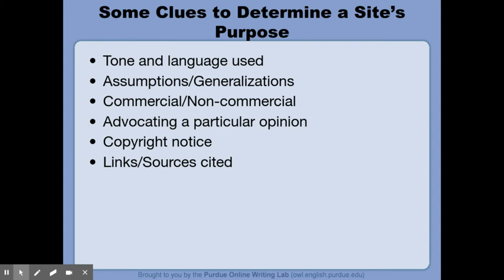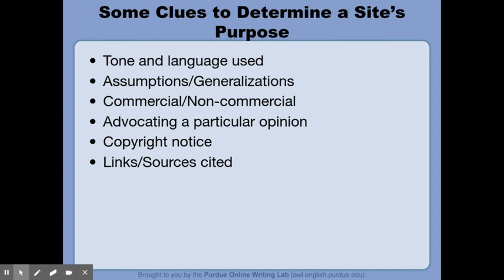So you need to see what their assumptions are and whether those assumptions are logical. Are they commercial or non-commercial? So is it a .com website? Are they trying to make money off of this information? Are they advocating a particular opinion without giving credit to another side? Are they only trying to show you one perspective? Because then it would be a very biased website. Is there a copyright notice?